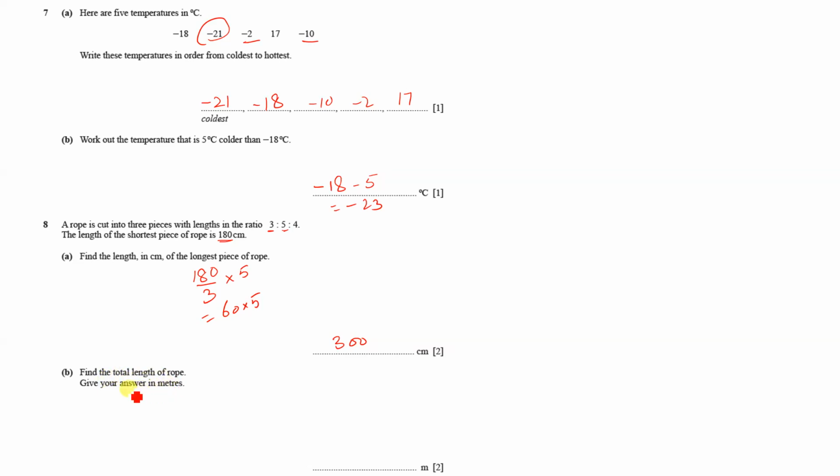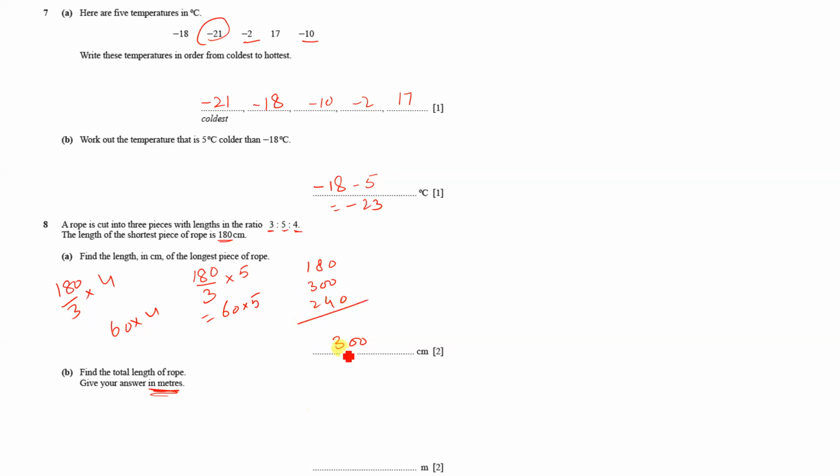Now find the total length of rope. Give your answer in meters. So this is very important to note. We have the shortest length, which is equal to 180. We have the longest, which is equal to 300. And the length of the third piece is 180 divided by 3 times 4, so 60 times 4, and that is equal to 240.